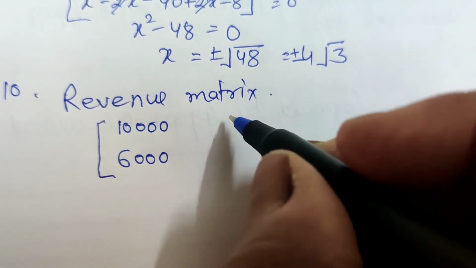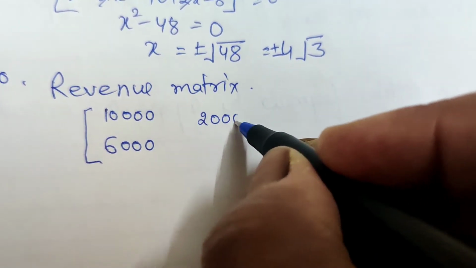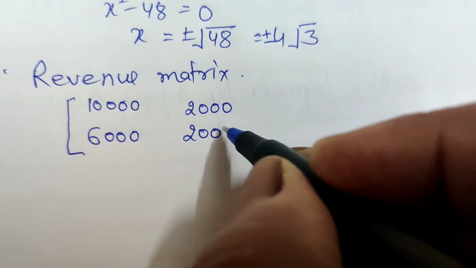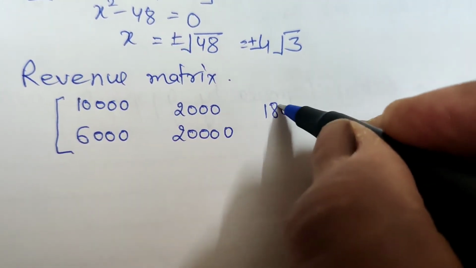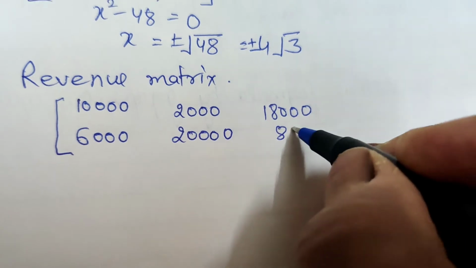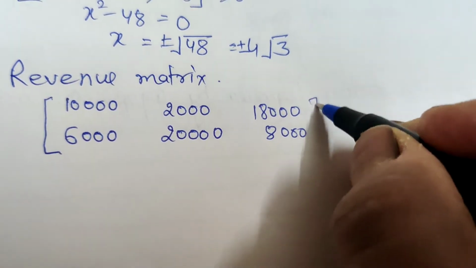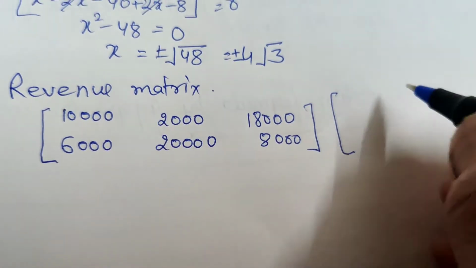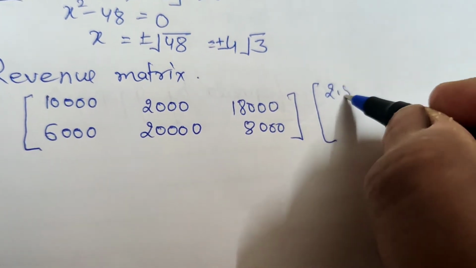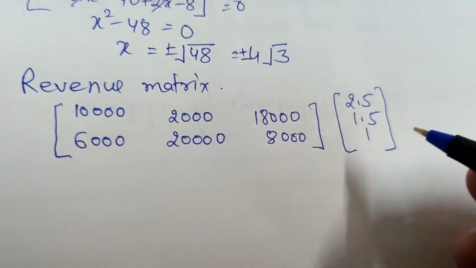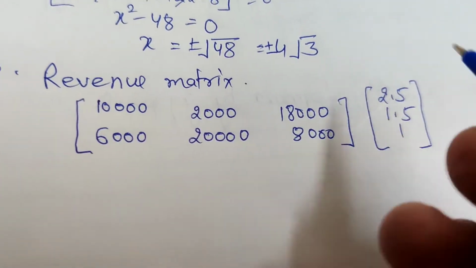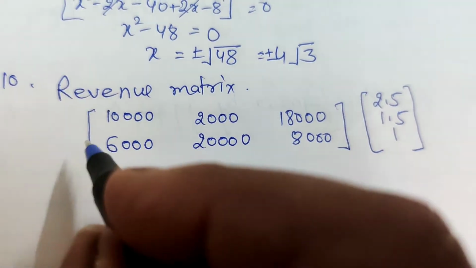Next 2,000 here and 20,000 here. And 18,000. This is 8,000. Now the cost of the articles are 2.5, 1.5 and 1. This is the revenue matrix for the 2 markets, market 1 and market 2.